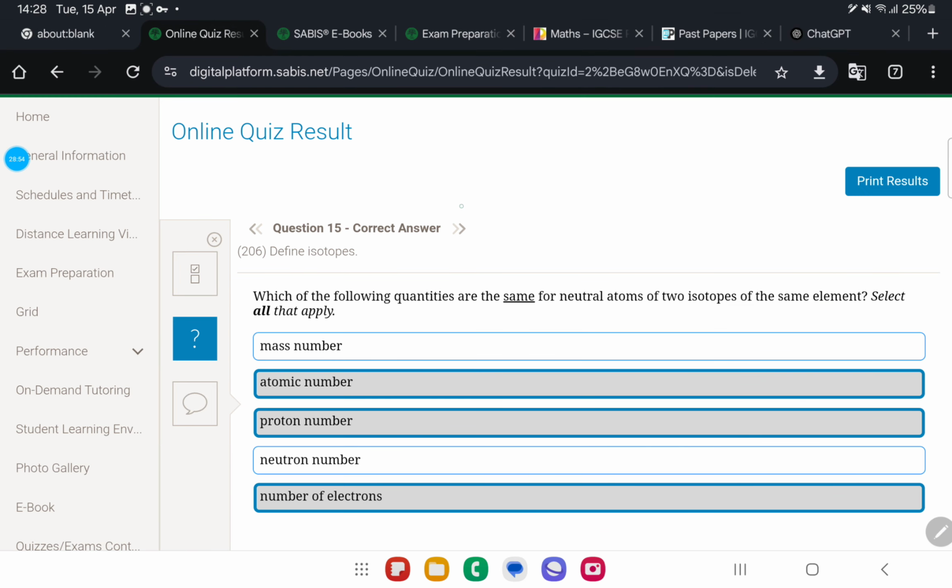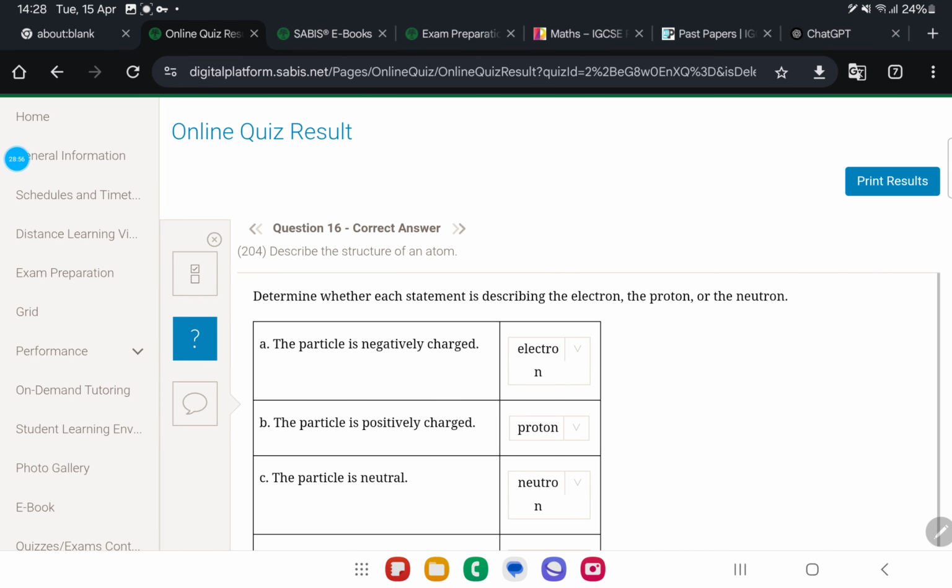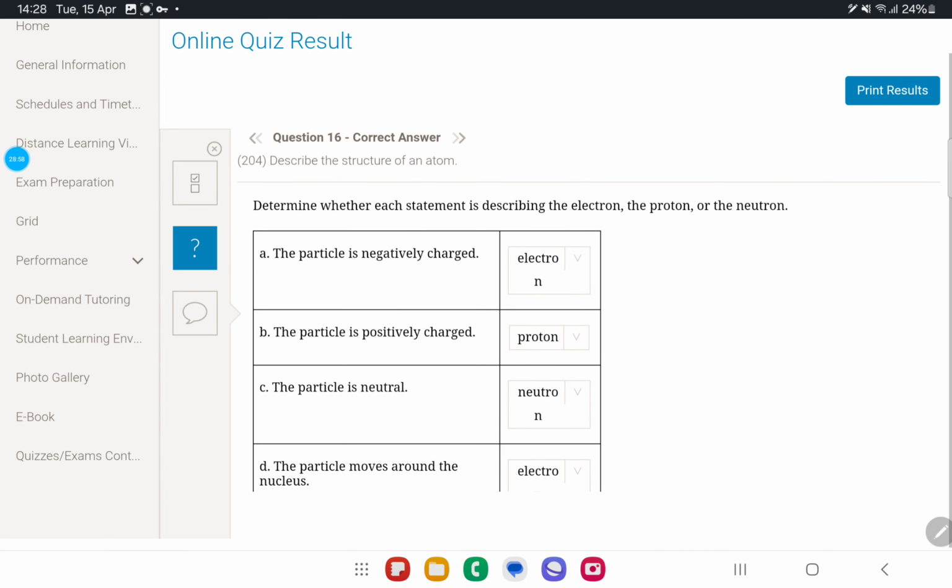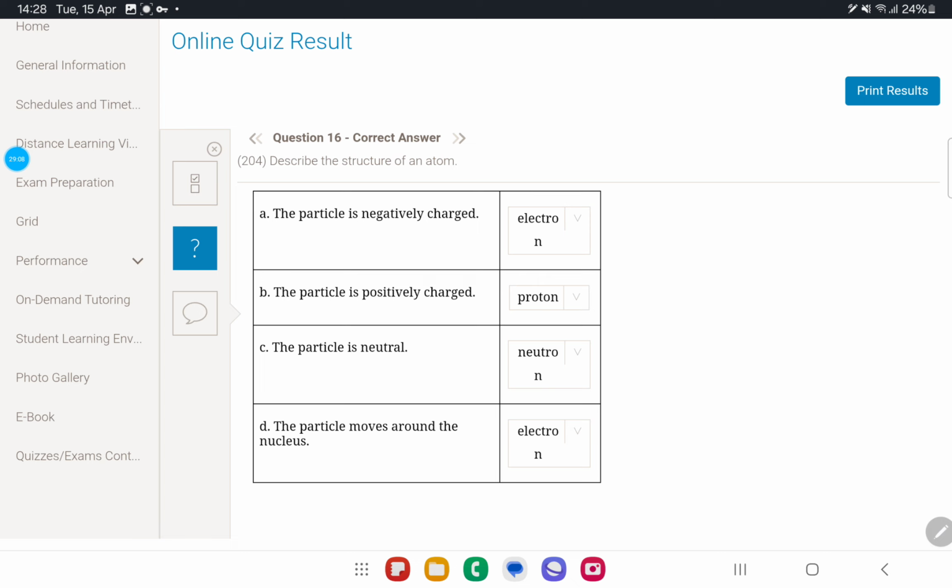Anyways, moving on to question 16. Let's determine whether each statement is describing the electron, the proton, or the neutron. The particle is negatively charged, electron of course. The particle is positively charged, protons. The particle is neutral, neutron. The particle moves around the nucleus, electron.